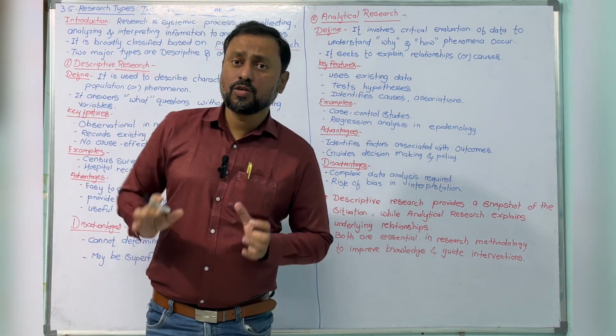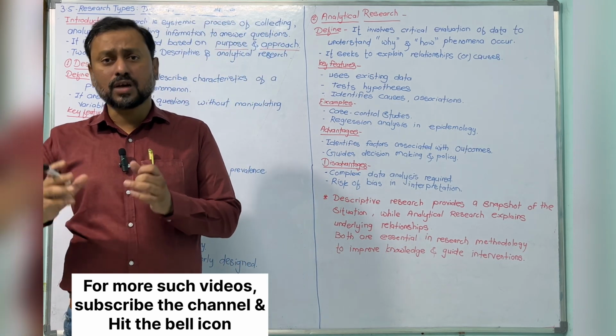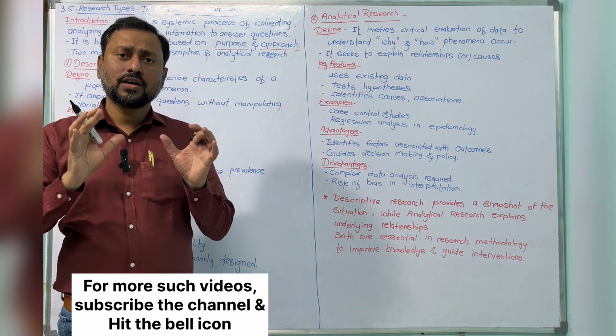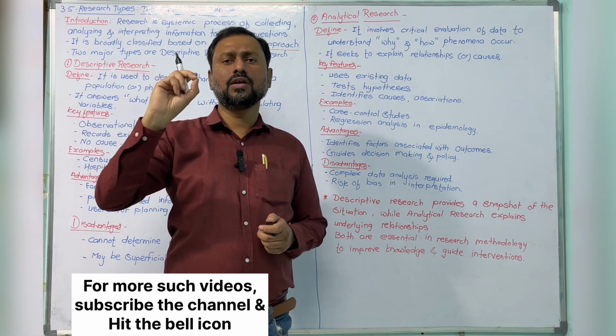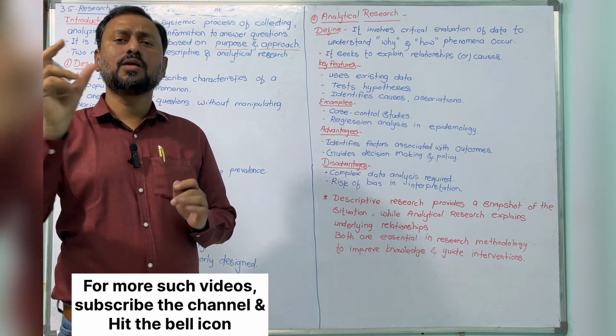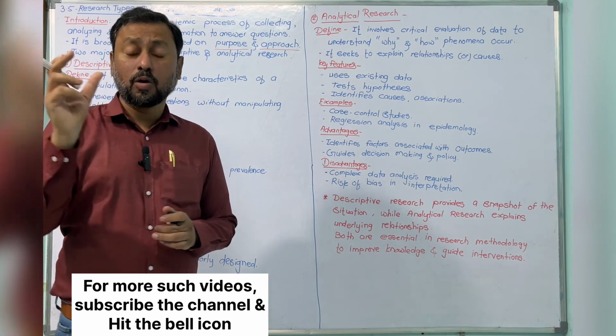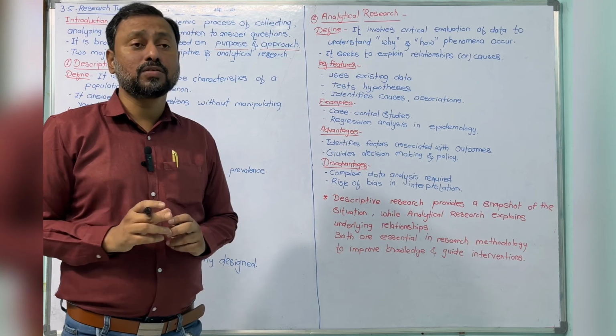Lastly, the conclusion: descriptive research and analytical research. Whatever information we are gathering, descriptive research describes it: what is happening, how many people are sick. That is only descriptive research.